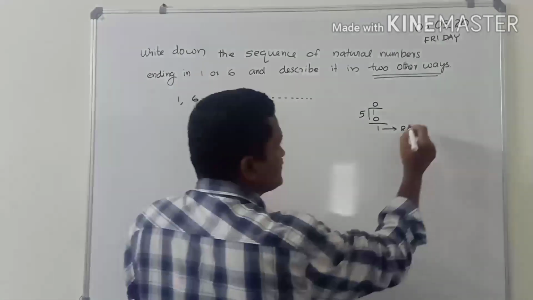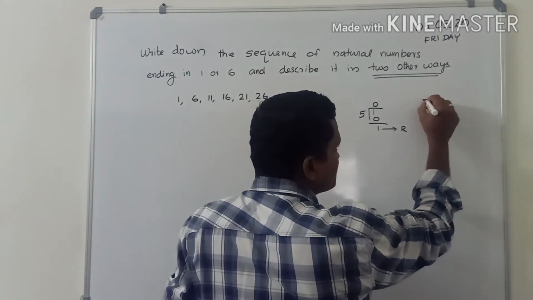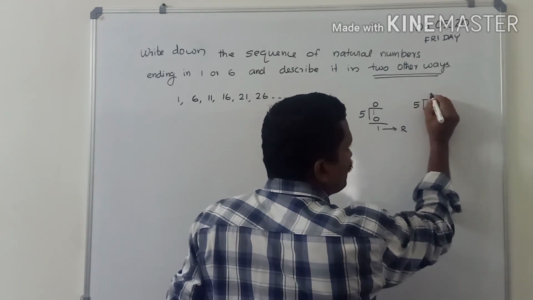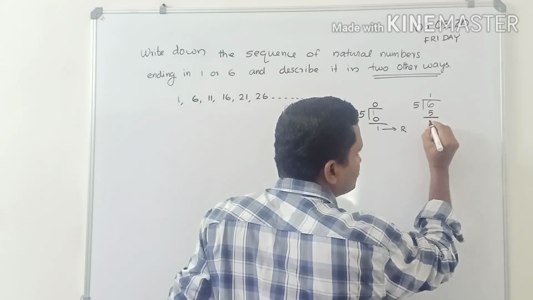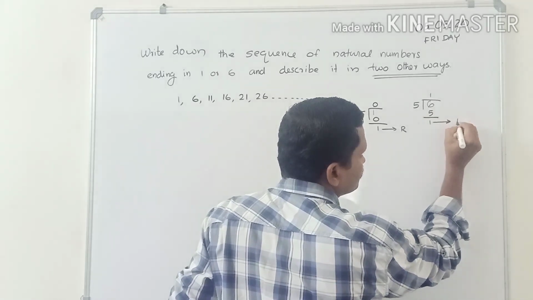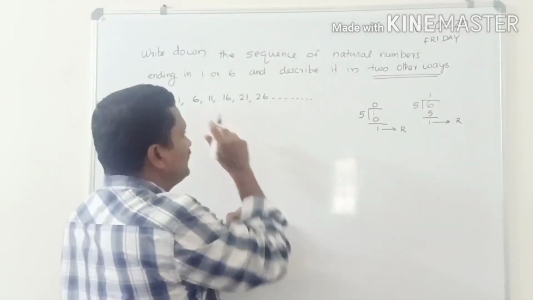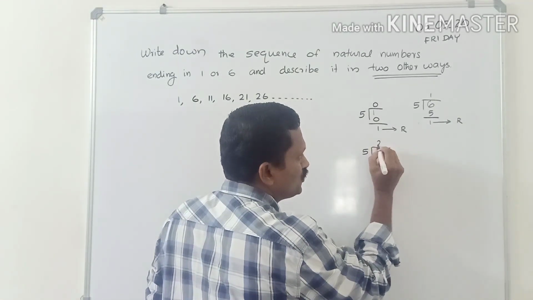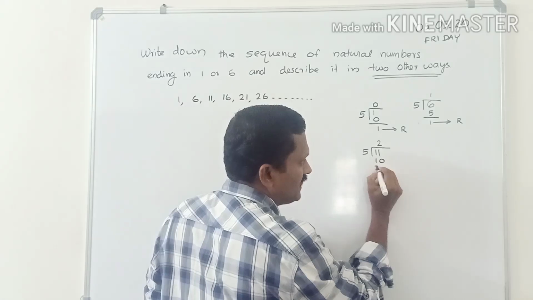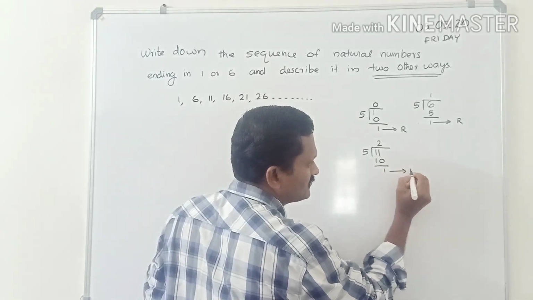The second number 6 divided by 5 is 1 times 5, remainder 1. Third number 11 divided by 5, 2 times 5 is 10, remainder 1.